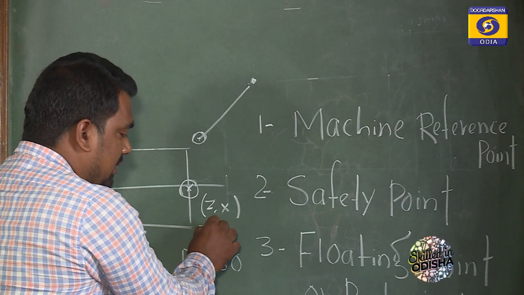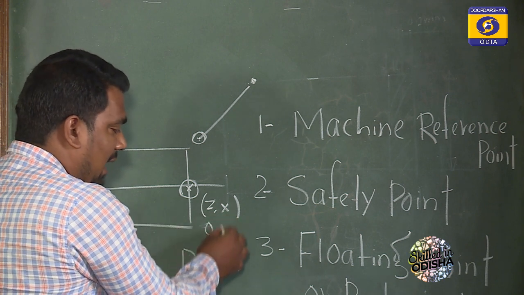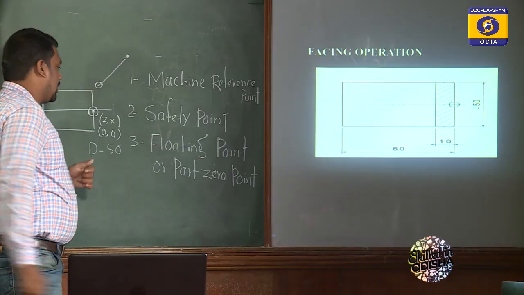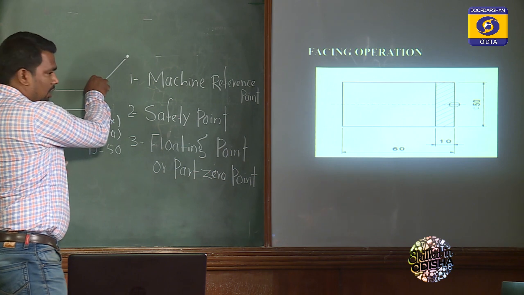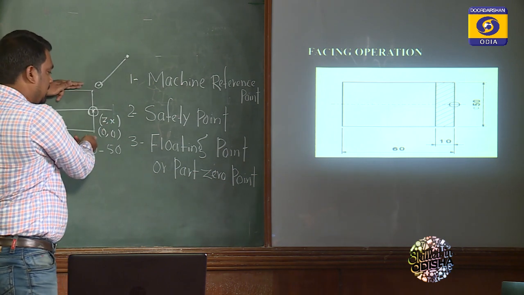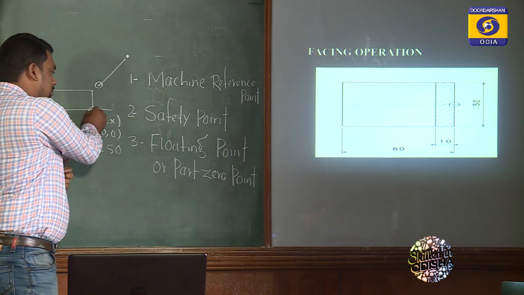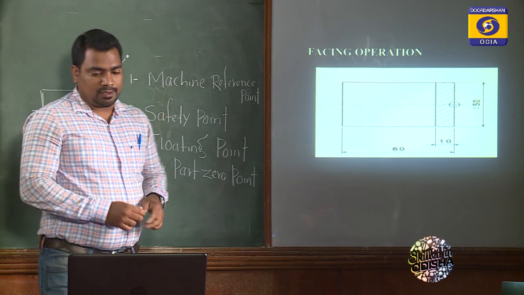My Z here is 0 and X is also 0. X is 25 in the upward direction and 25 in the downward direction, which means my dia is 50, and Z's initial point is here, means from this point I have to move 10 mm to do the facing operation.